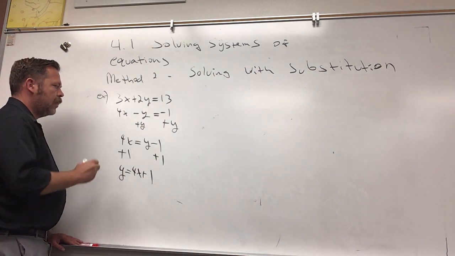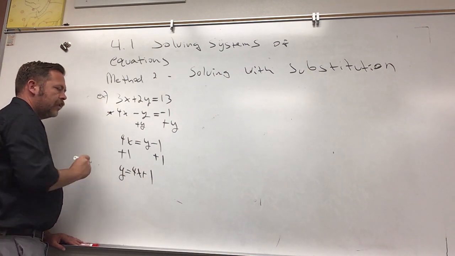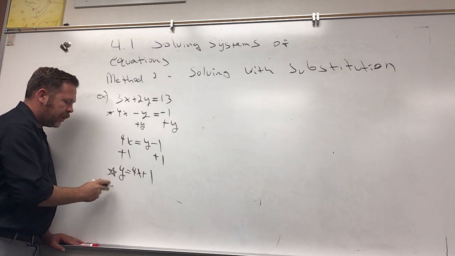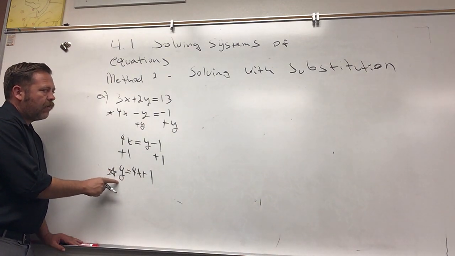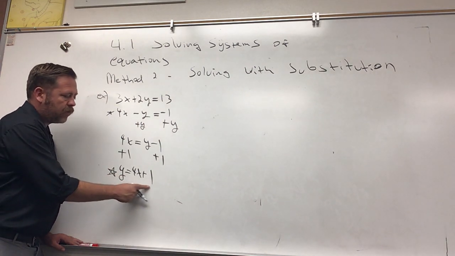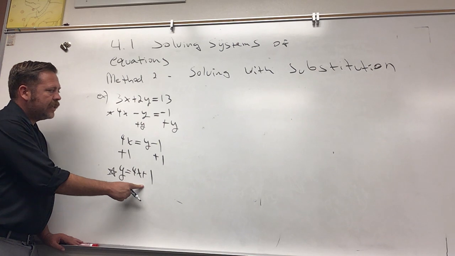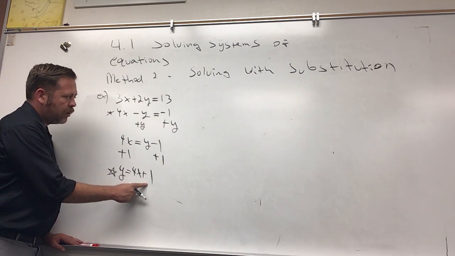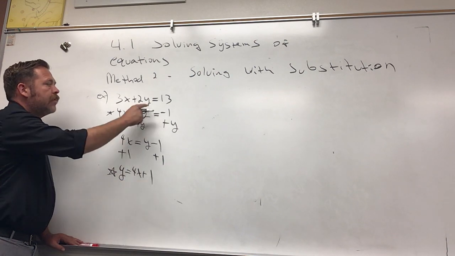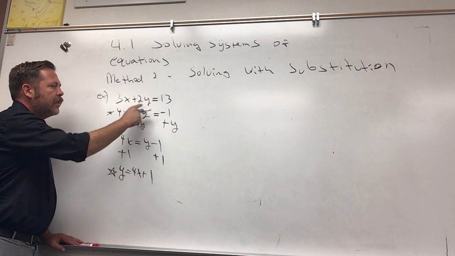There we go. Now, this equation here, that I put a star next to, is the same as this equation here, but I modified it so that y is now isolated. And y is equal to 4x plus 1. So now I can take this 4x plus 1 and put it into this other equation here.